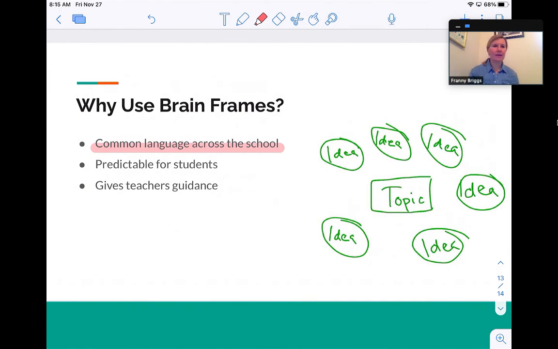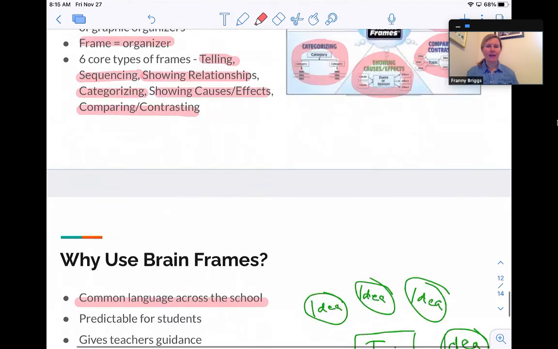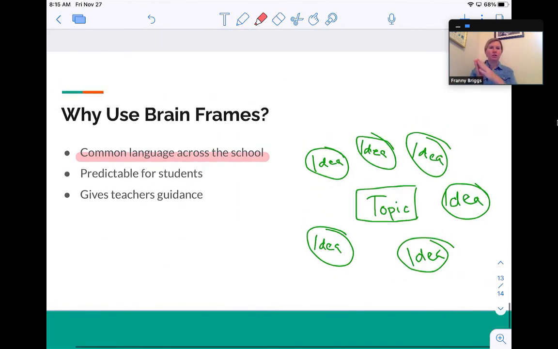And when they came to 6th grade from the elementary school, they already knew what all these different frames were. So even though the transitions between the grade levels are challenging, it was like, oh, okay, this is something that I'm already comfortable with.